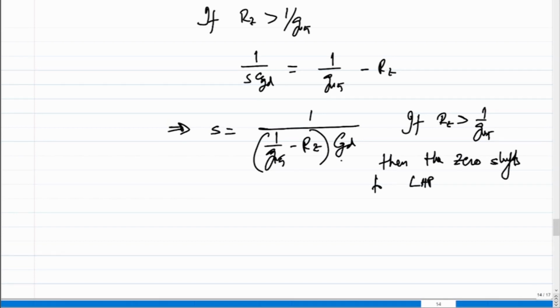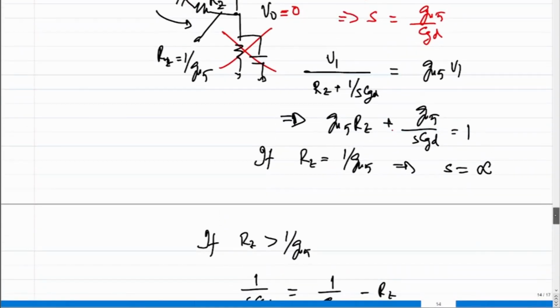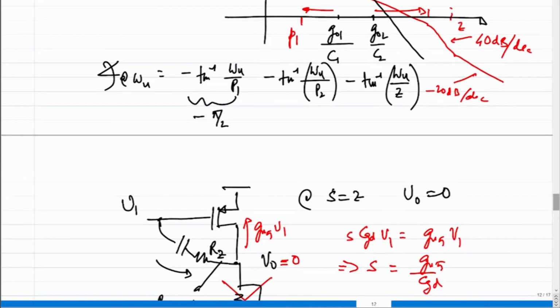phase lead, which means what? Whatever you see here, this is minus tan inverse omega u by z terms, in this case this will become plus tan inverse omega u by z, where I am talking about the mod of z, obviously.